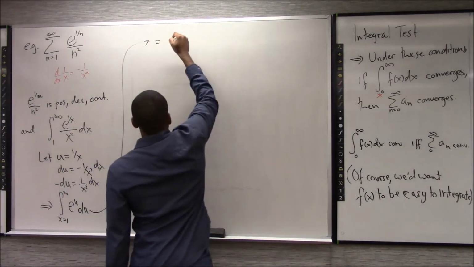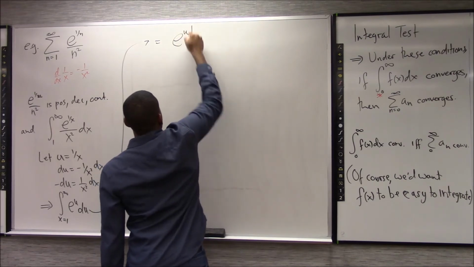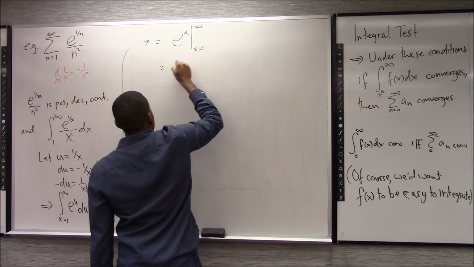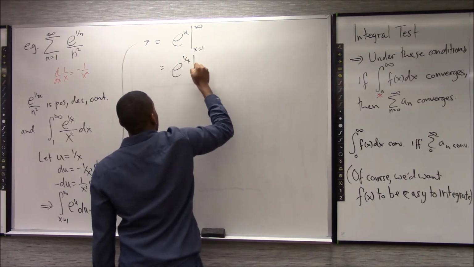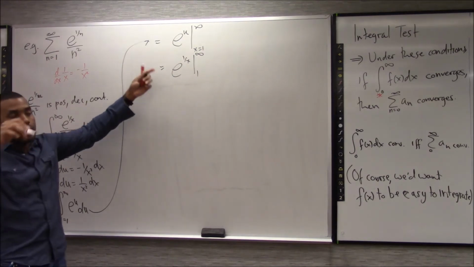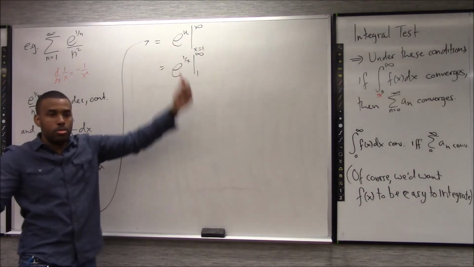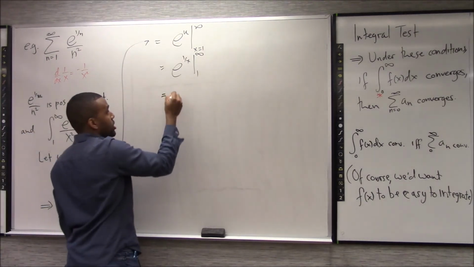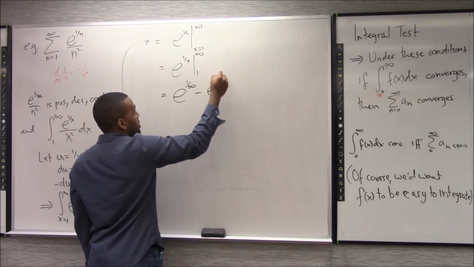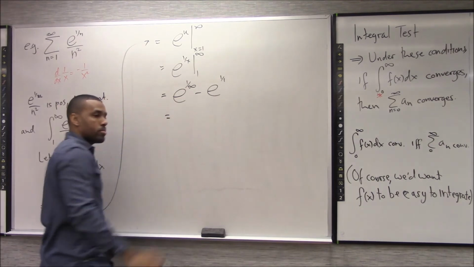And that is equal to just, of course, e to the u from x equals 1 to infinity, and that is just going to be e to the 1 over x between 1 and infinity. And yes, technically you're supposed to write limit as n approaches infinity from 1 to n and so on, but you sort of get the idea. You're going to plug in e to the 1 over infinity minus e to the 1 over 1.